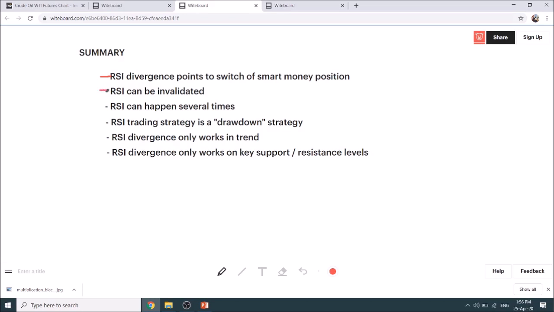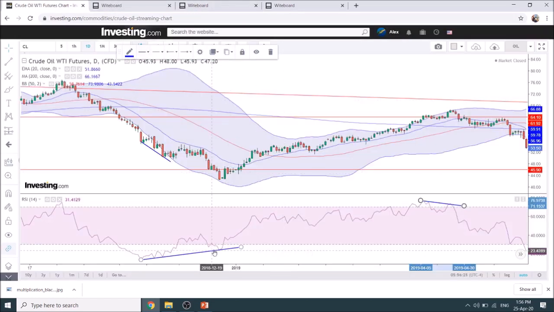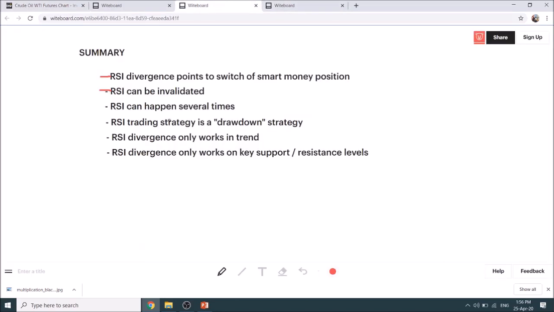Second, RSI divergence can be invalidated. If the momentum resumes for some reason, you can see the divergence invalidated by the trend line getting broken. For example, here the price would have continued down and the RSI broken under, say, 22. It would have meant that the divergence was not valid anymore.